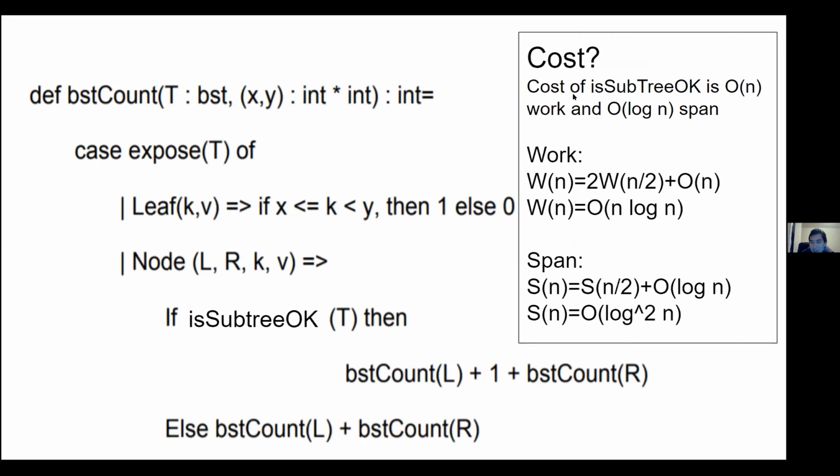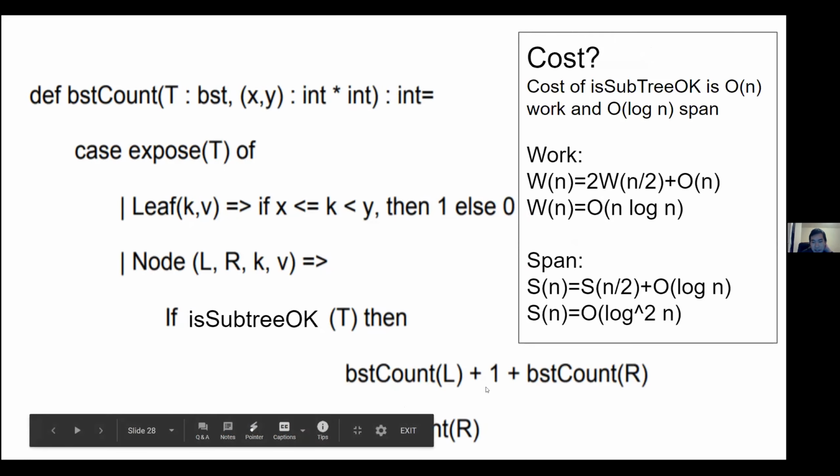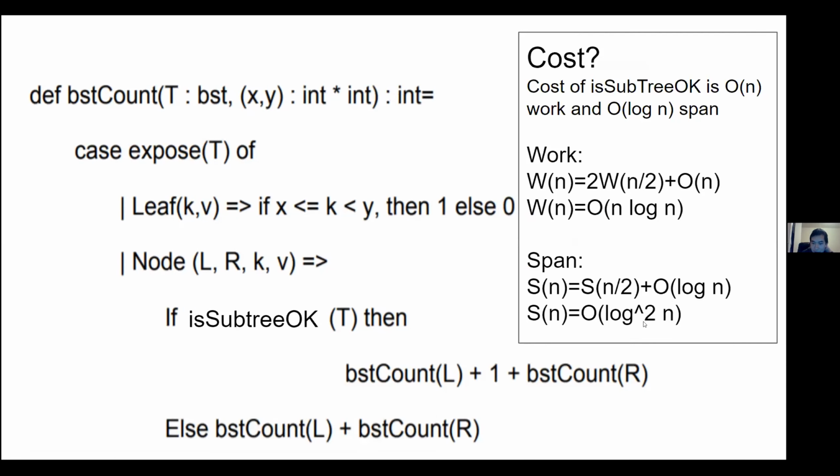Since is subtree okay costs O of n work and O of log n span, the recurrence for the work of BST count is 2 times work of n over 2 plus O of n, where the O of n comes from calling is subtree okay here. So the total work would be O of n log n. And similarly for span, assuming we compute BST count of L and R in parallel, we should have O of log squared n span.